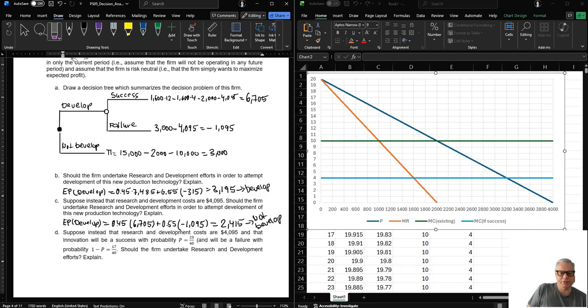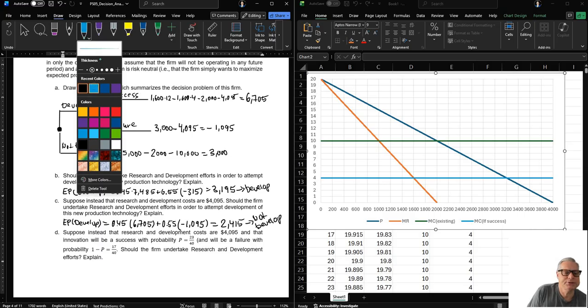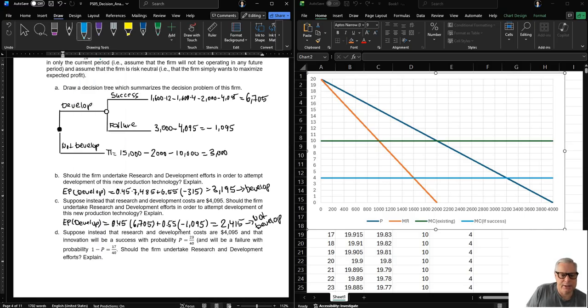We still have the 4,095, so the payoffs stay the same. The only thing that changes are the probabilities. So now we assume that the probability of success is 23/40 and the probability of failure is 17/40.